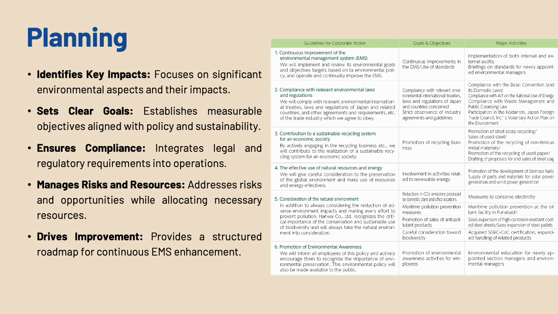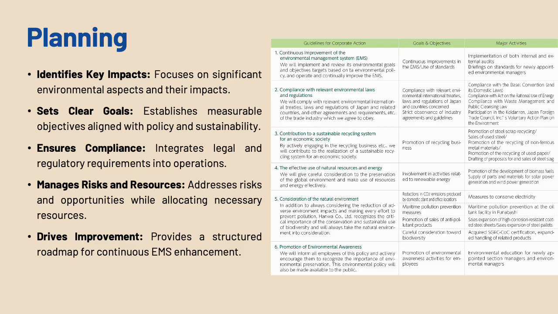By the way, this table is taken from Hanwha Company Limited, just to give you an example of how real companies set up their environmental management program. Example number 4 is the effective use of natural resources and energy.